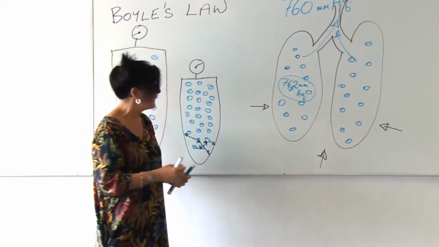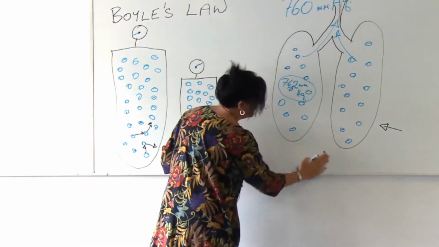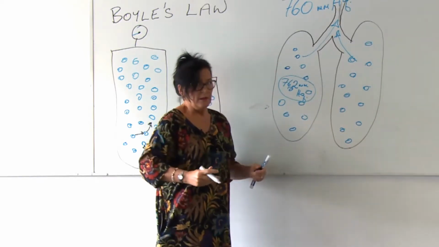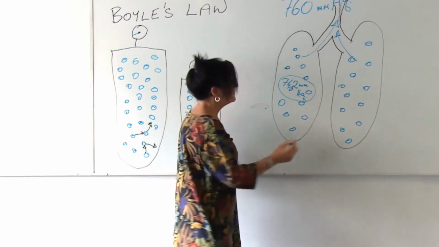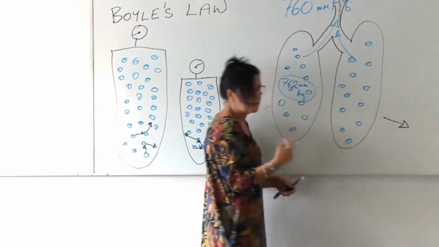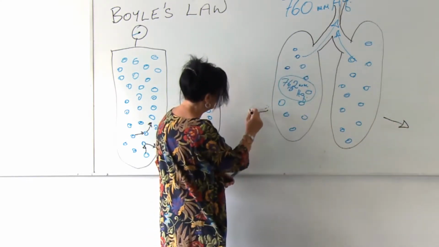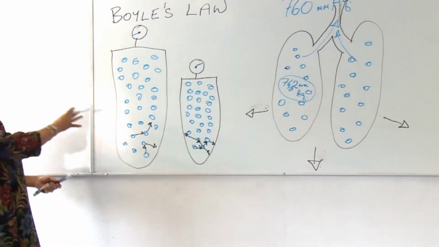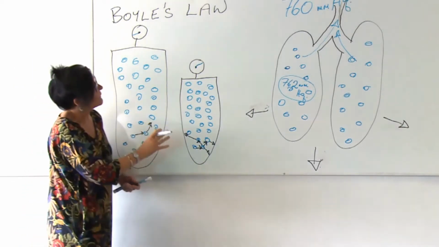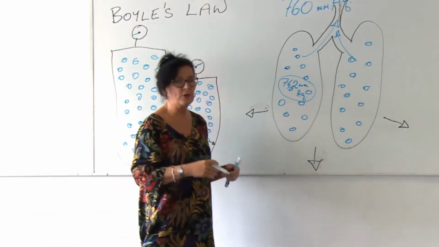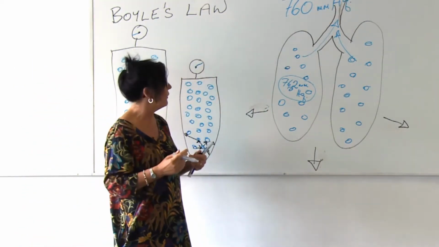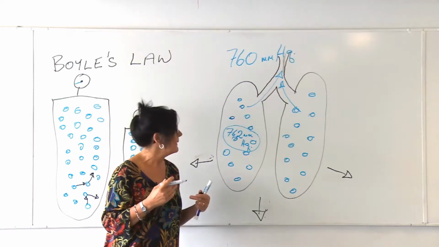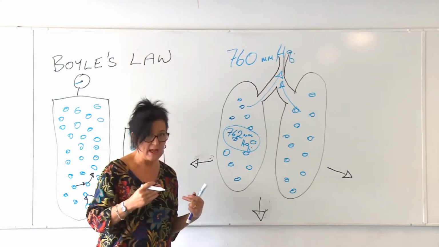Okay, conversely, if we make them bigger, when we inhale, make the thoracic cavity larger, we make the lungs larger, we're going back to our scenario of a larger gas canister, aren't we? So we make them larger, we've got greater volume, therefore, what's going to happen to our pressure? Yeah, absolutely, our pressure is going to go down.